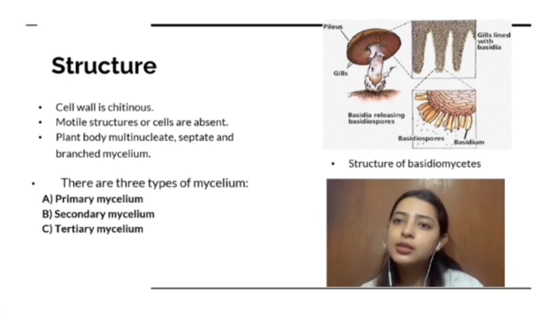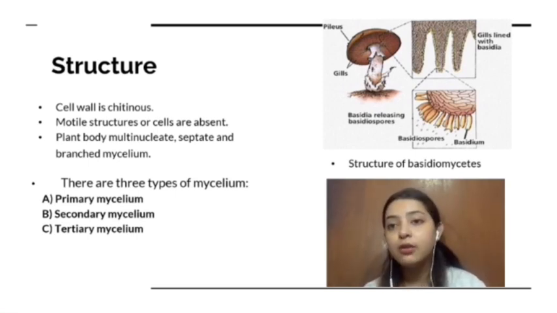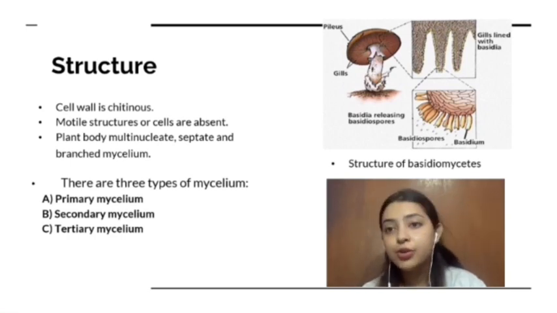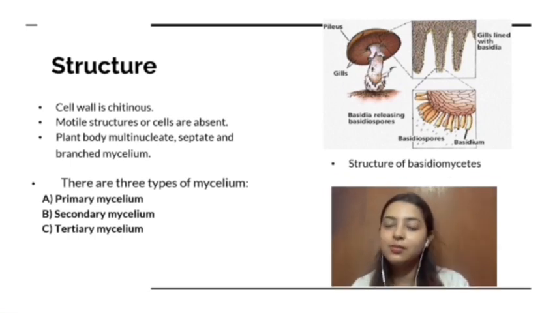Generally the cells are uninucleate, but after the fusion of 2 compatible hyphae, these cells become binucleate. So, basically, if a basidiospore germinates, it will give rise to a mycelium or hypha, and this mycelium or hypha will contain either a positive or a negative nucleus in it.